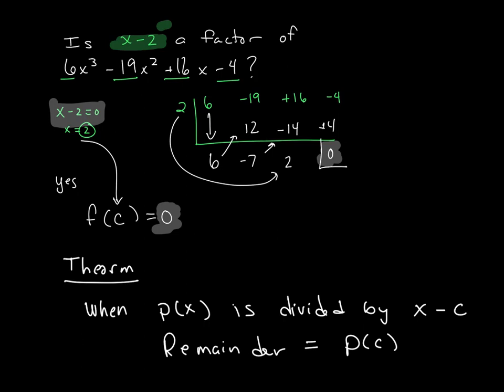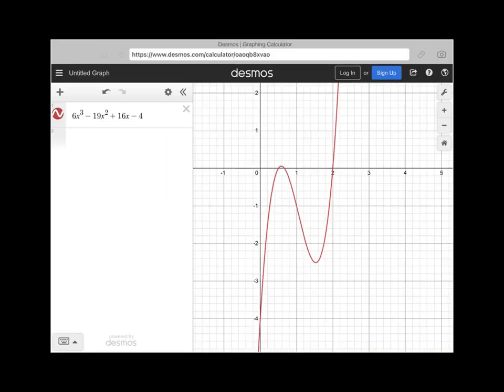Next, we're going to take a look at what that looks like as a graph. So I went ahead and put the function into the Desmos graphing calculator, and this is what it looks like. This is what I want you to notice when you're looking at the graph. We asked ourselves, is x minus 2 a 0?